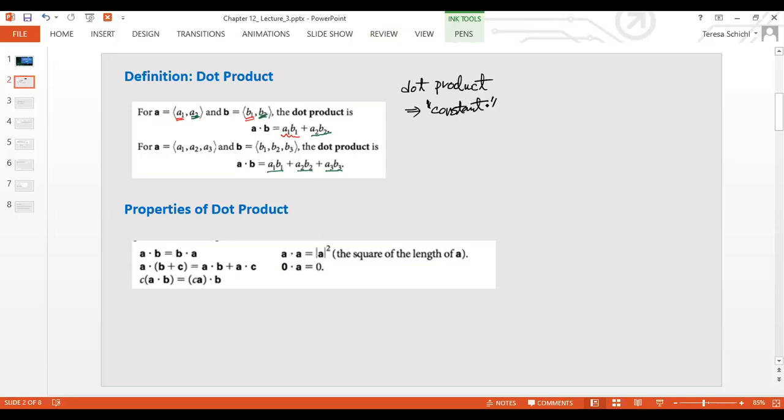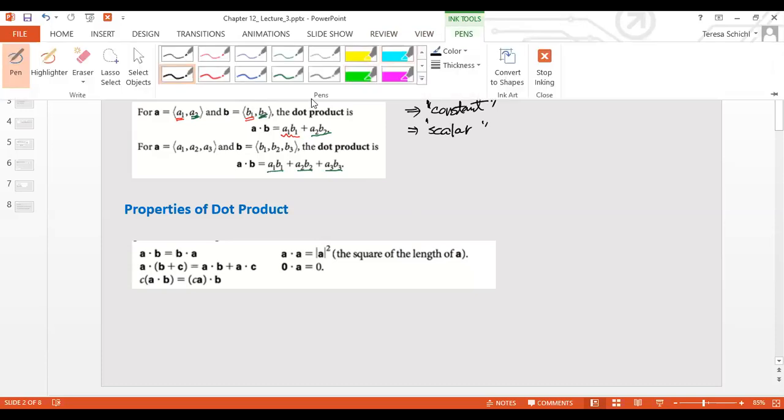Some people say you come out with a scalar. That means it's a constant, it's not a vector.